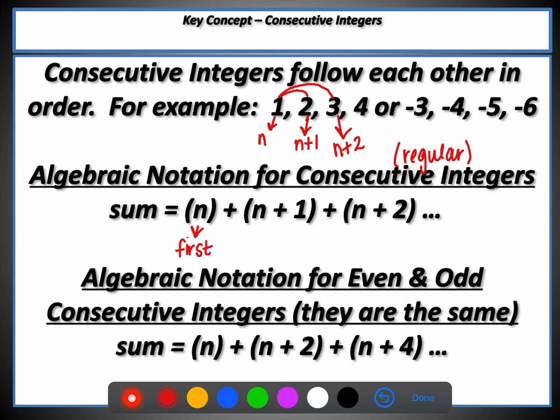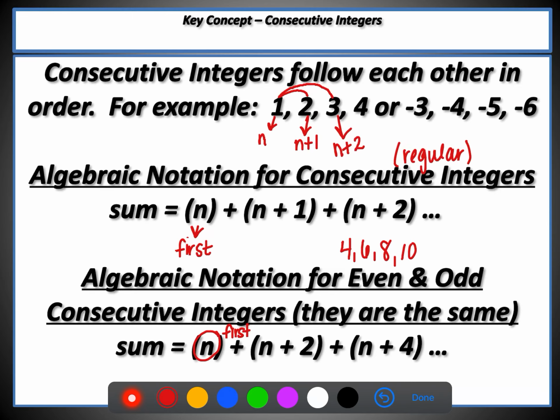Now we do talk about even and odd, so that means that we're skipping numbers, because even is every other, and same thing with odd. So it just depends where we're going to start. Let's think of an example. Some even numbers: 4, 6, 8, 10. For evens, our first number is still n.